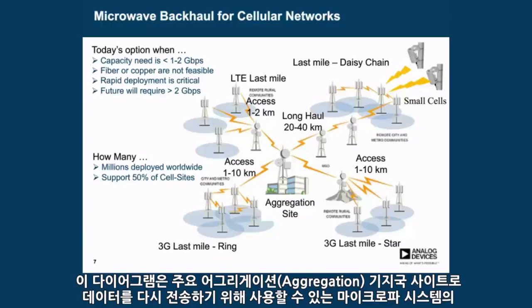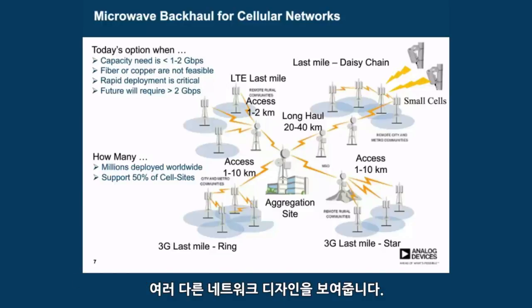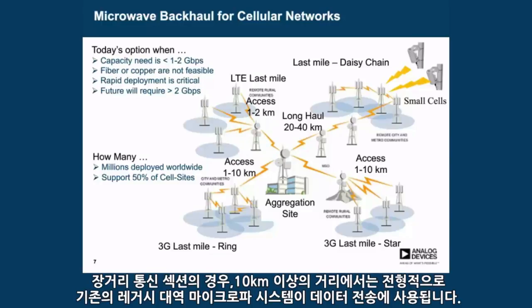These diagrams depict the variety of different network designs of these microwave systems that can be used in order to transfer data back to the main aggregation base station site. For the long-haul sections over 10-kilometer distances, typically traditional or legacy band microwave systems are used for the data transmission.